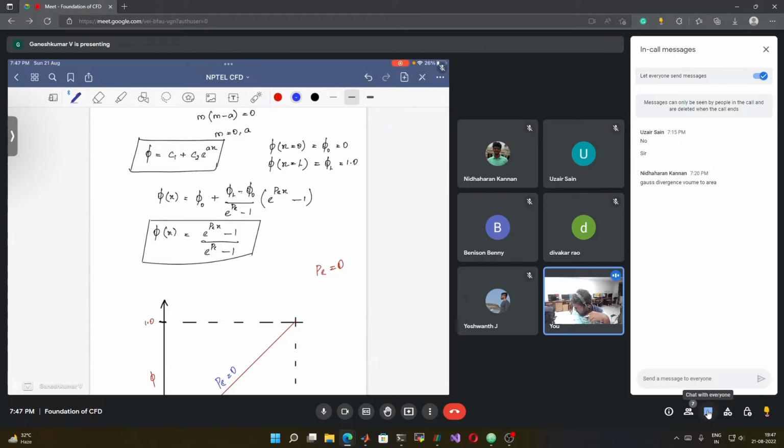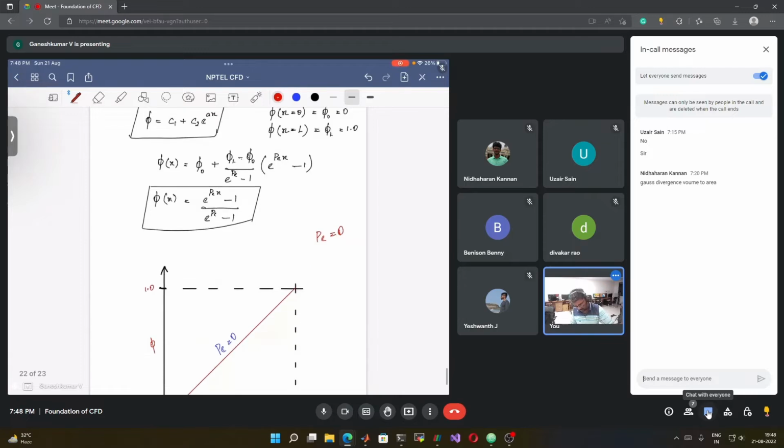So it still depends on the absolute 1 by e power p minus 1. When the Peclet number is 0, this part goes to 0. What happens to this equation when p is equal to 0?